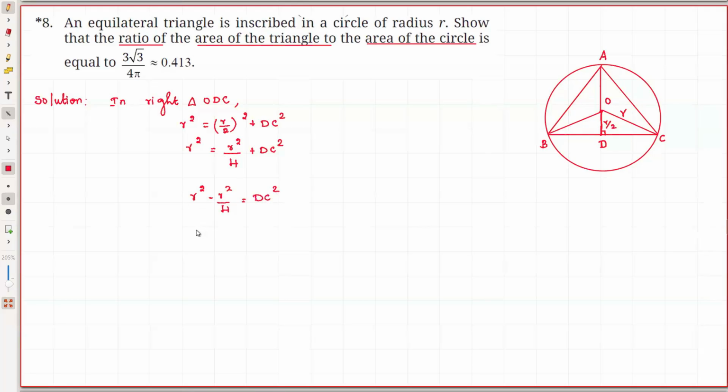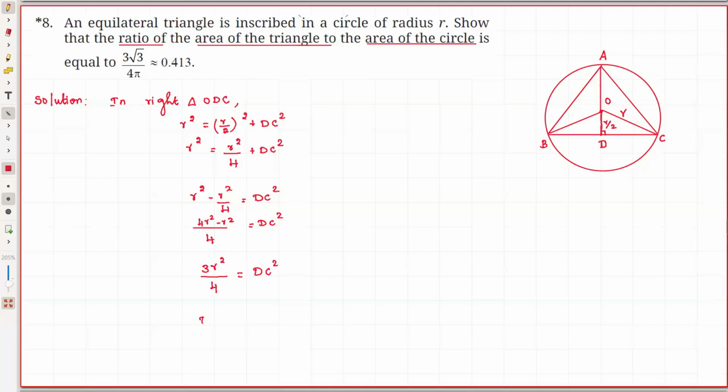Now just take the LCM. The LCM will be 4, so 4R square minus R square is equal to DC square. Now 3R square divided by 4 is equal to DC square. I have to find only DC.